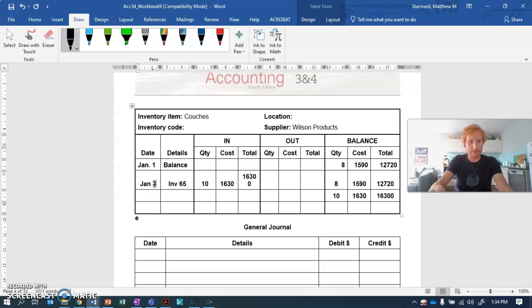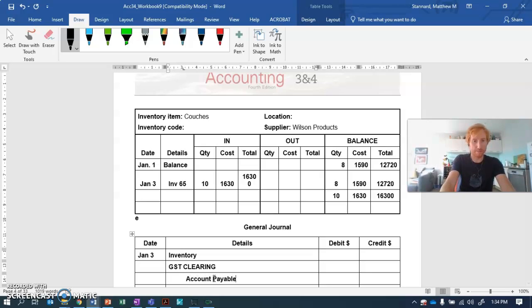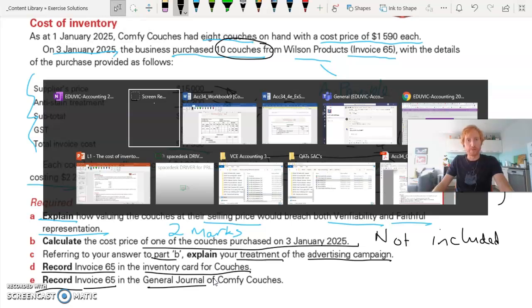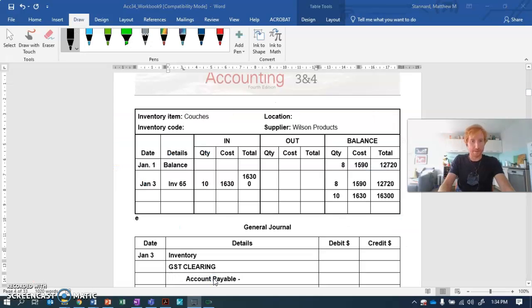So on January 3, we purchased inventory and GST clearing, of course, on top of that, and accounts payable, Wilson's Products.